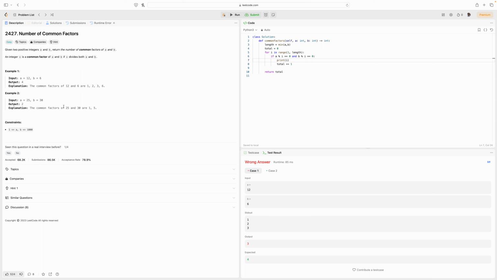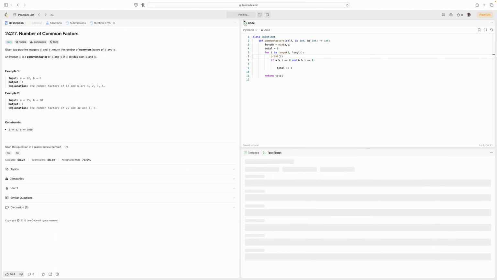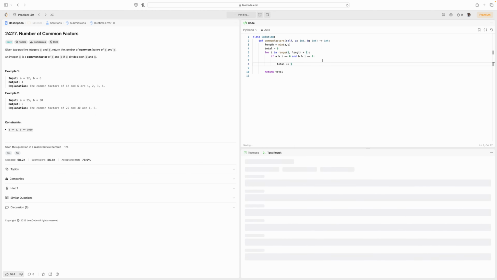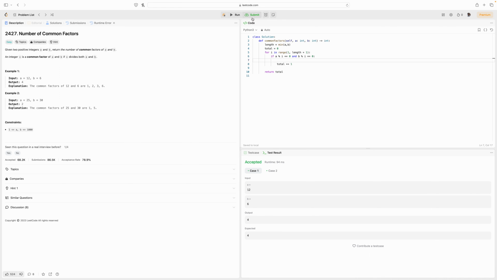It never got to 6. I think we have to do length plus 1 here. Yeah, that's why. It never got to 6, so we're gonna do length plus 1, and that should completely solve the problem for us.